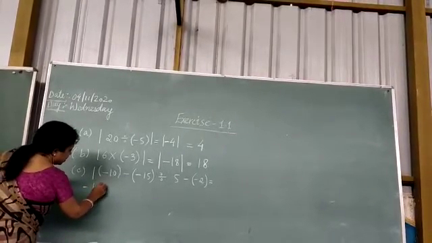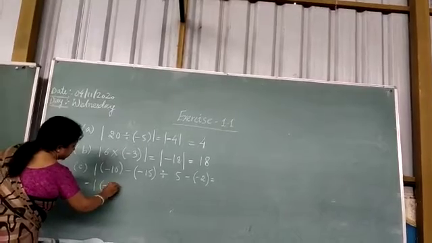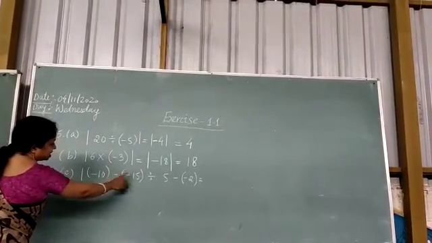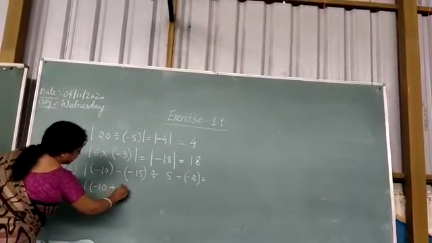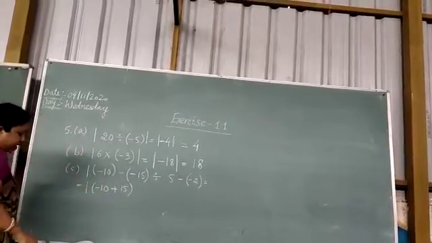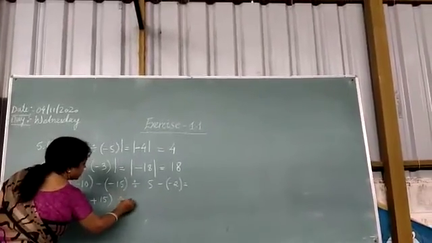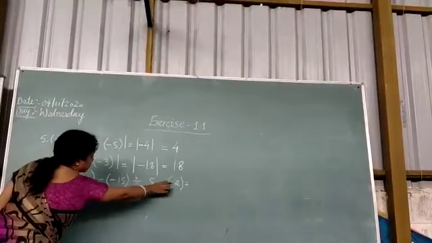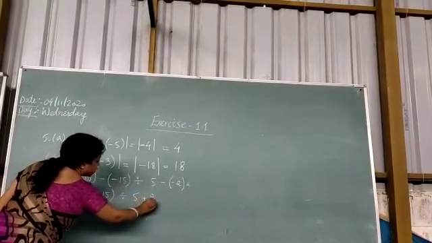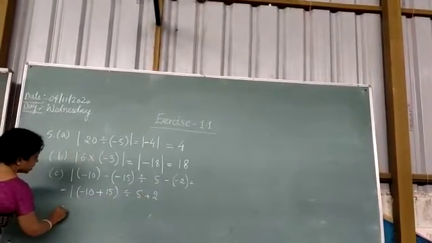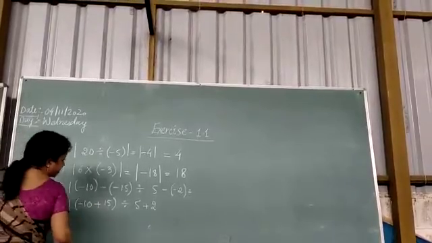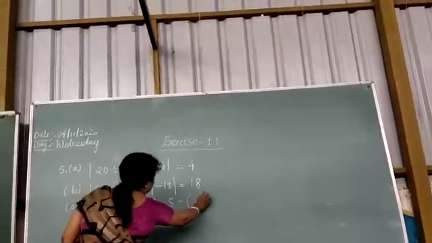I write down the minus here. Minus 10. So minus and minus is plus. So plus 15. Right? Divided by 5 minus plus 2. Right? So now when we find out the value, what do we find out?